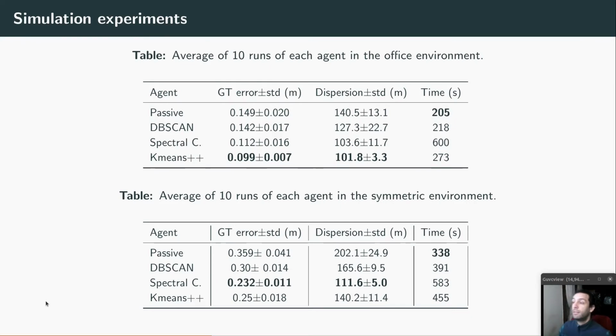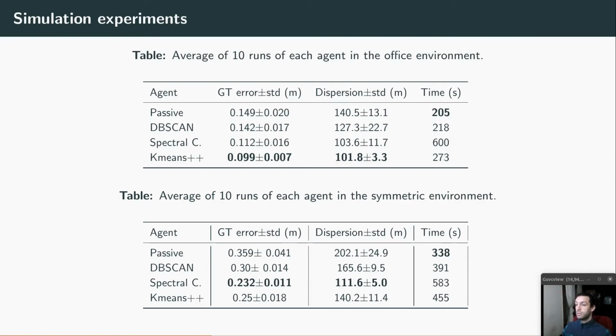In the first environment, the office environment, spectral clustering and K-means++ had a better performance than the other agents. In particular, K-means++ keeps the ground truth error smaller, less than 10 centimeters, and also keeps the dispersion smaller than the other agents.